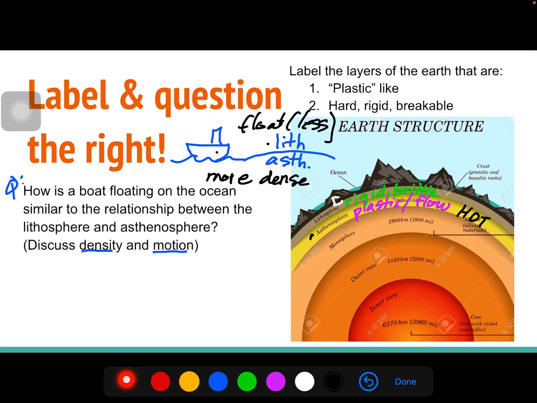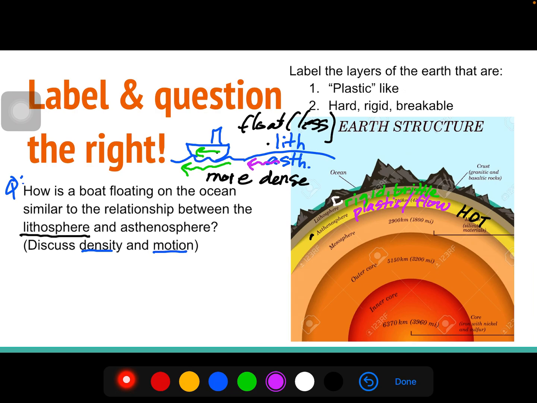So when we go to describe it, we're thinking about the lithosphere being less dense because it's floating on the asthenosphere, sitting on top. And then in terms of motion, if the ocean current is moving a certain direction, that boat is going to move the same way. And we see that same pattern happening with the asthenosphere.